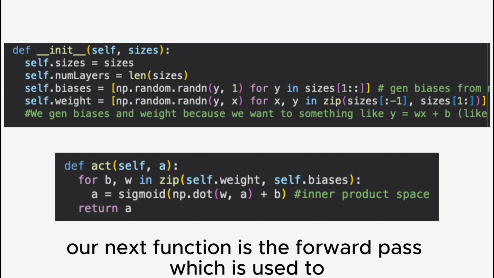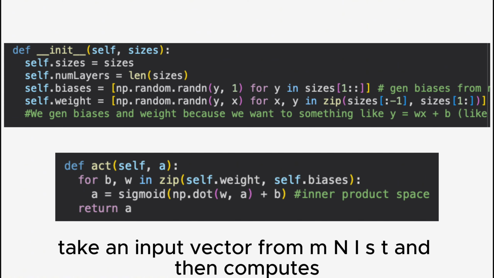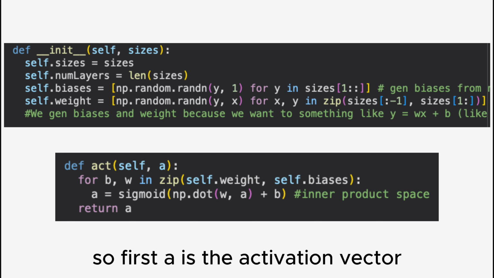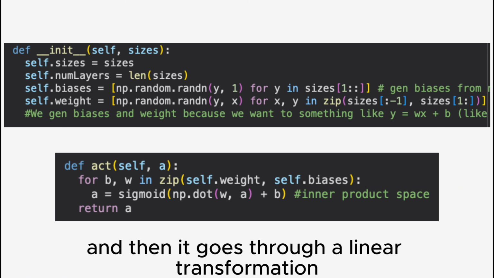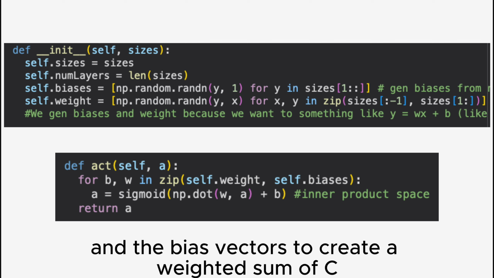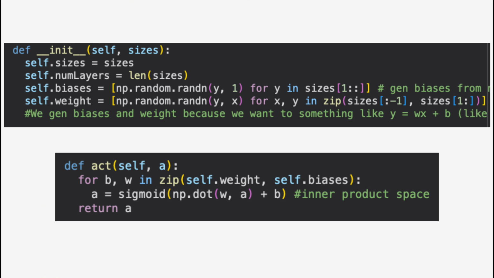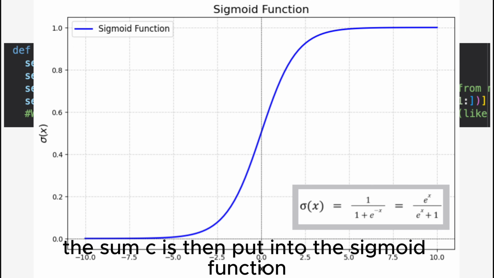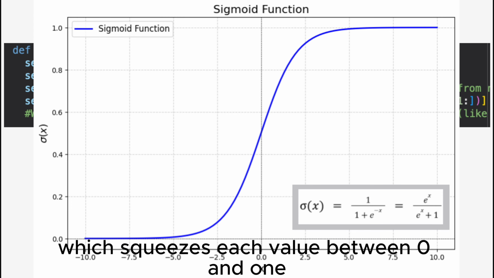Our next function is the forward pass, which is used to take an input vector from MNIST and then computes the network's output, which is how the neural network thinks. So first, A is the activation vector, and then it goes through a linear transformation which pairs the weight matrices and the bias vectors to create a weighted sum of C. The sum C is then put into the sigmoid function, which squeezes each value between 0 and 1.